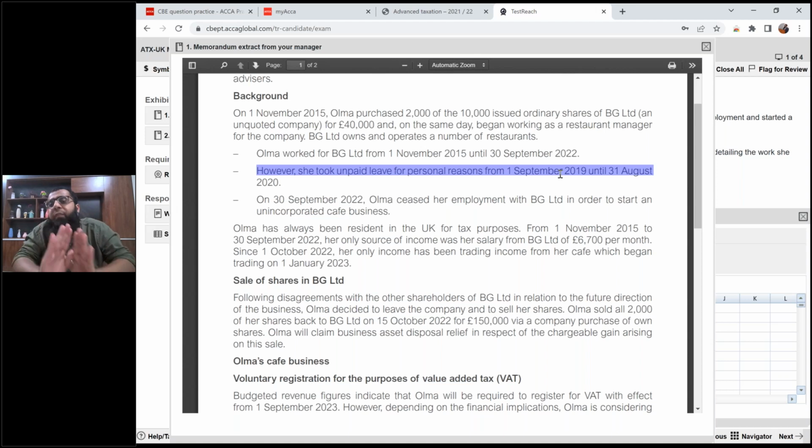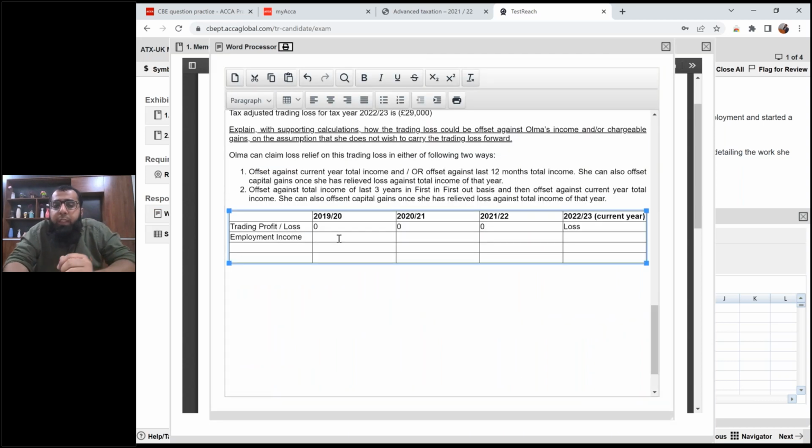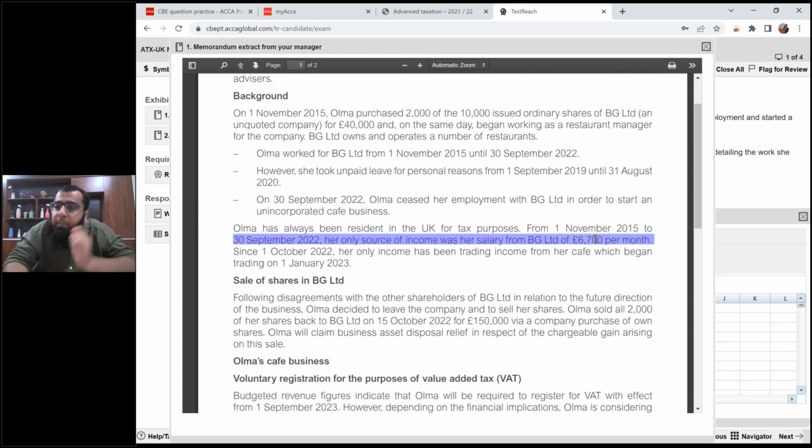In September, he went for an unpaid leave till August 20. So what is the salary of 5 months? 6,700 pounds per month.